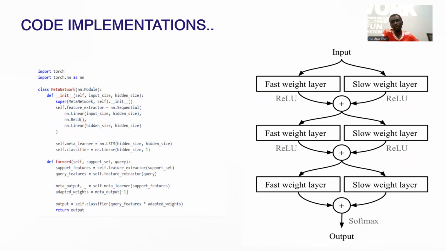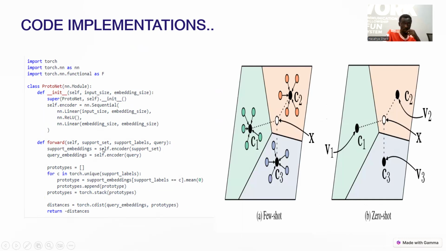Remember, we combine two inputs, the fast weight layer and the slow weight layer. Then our meta learner is also a long short-term memory that learns how to modify the network weights. Then, as you can see, our classifier is our final classification layer.